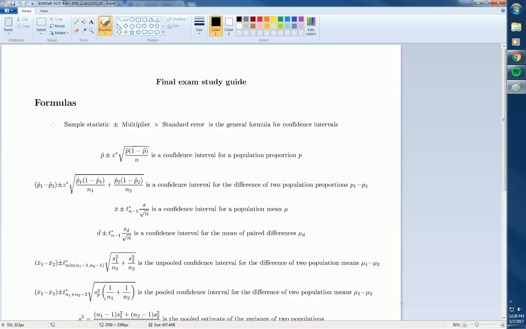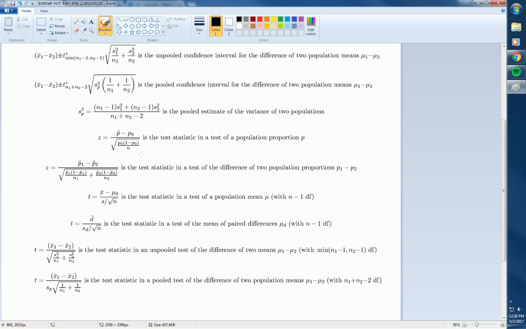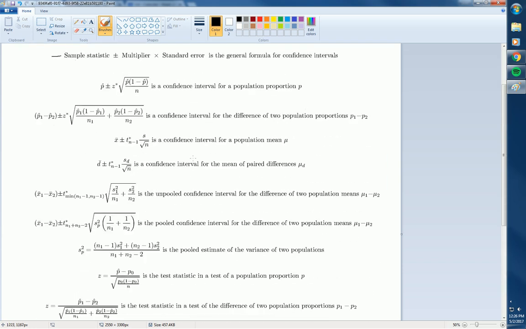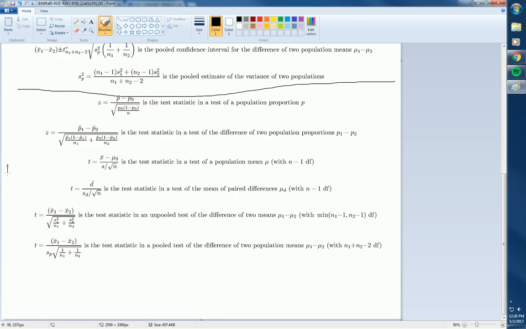We have one general formula here, but everything else are formulas that pertain to that table that I just made. So it looks like the top half of the formulas give us formulas for confidence intervals, and the bottom half give us formulas for tests.